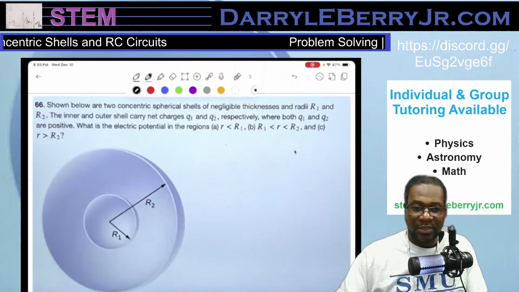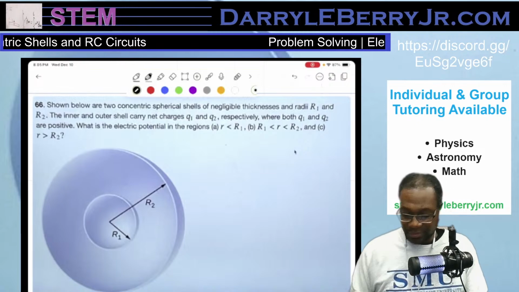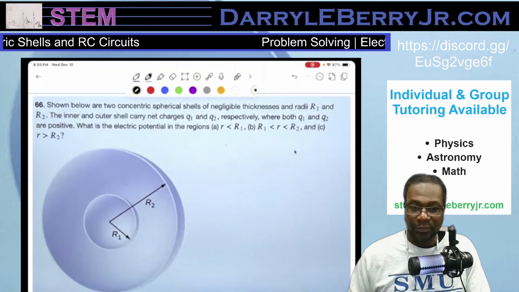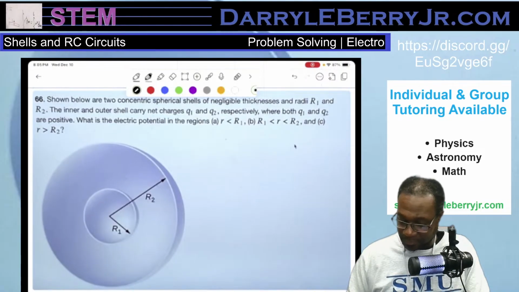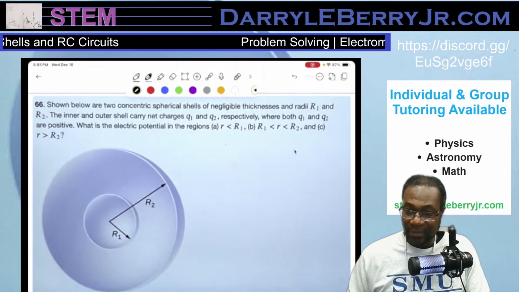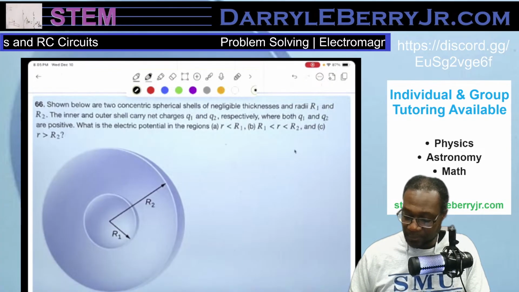The background, as you can see, is this common electromagnetism problem here, which is two concentric spherical shells. Let us pull this from offline as a common problem. It says we have two concentric spherical shells of negligible thickness, radii R1 and R2.